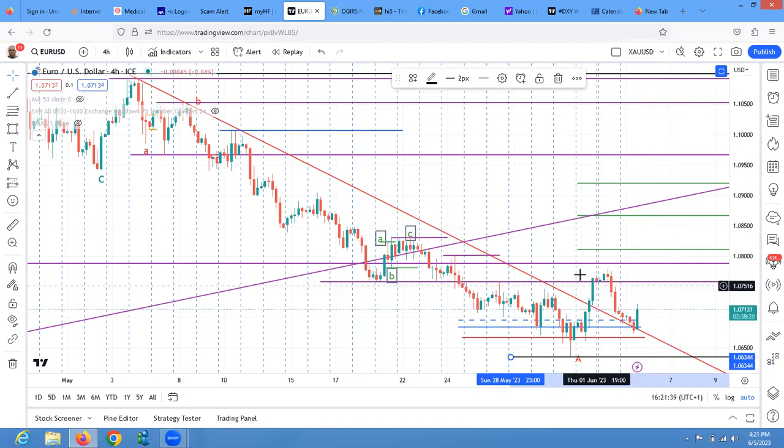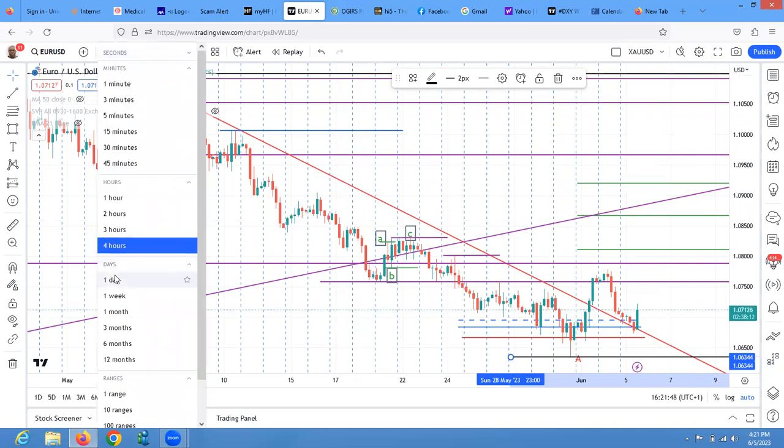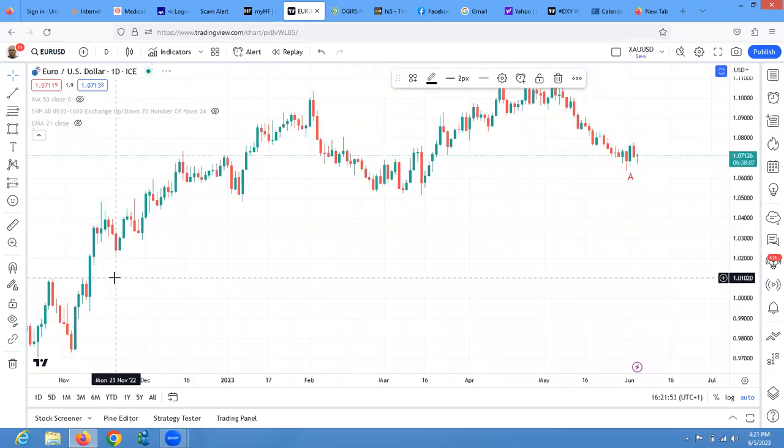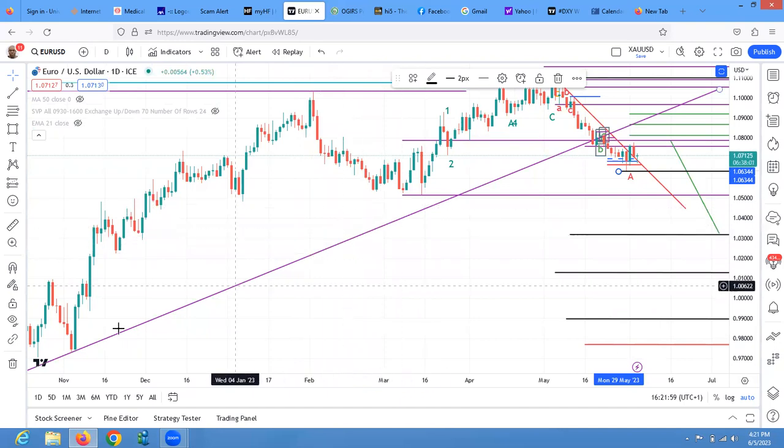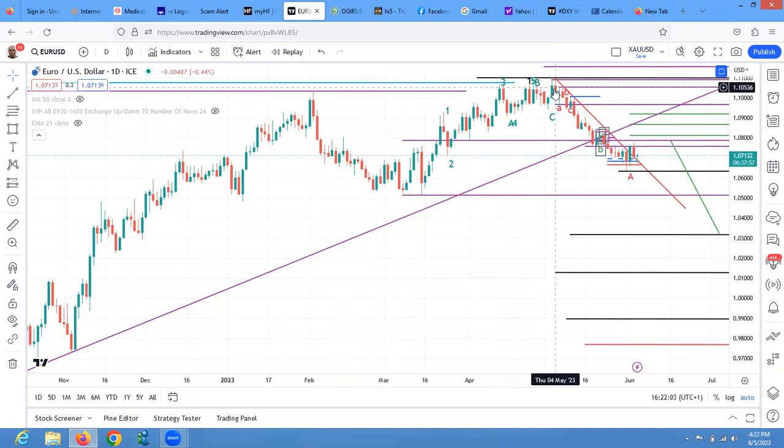Now, with that said, I'm not thinking that this is a correction of the earlier move, and this is not my own A, and this one is not my own B. I'm thinking that this one will be my A, which will form properly.